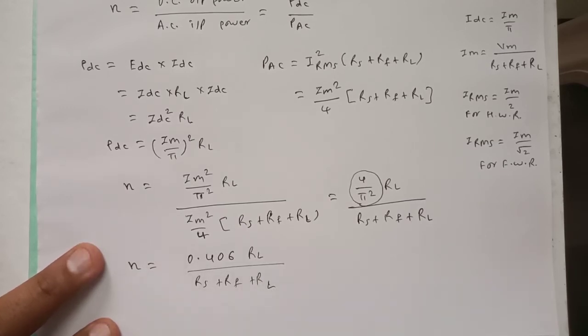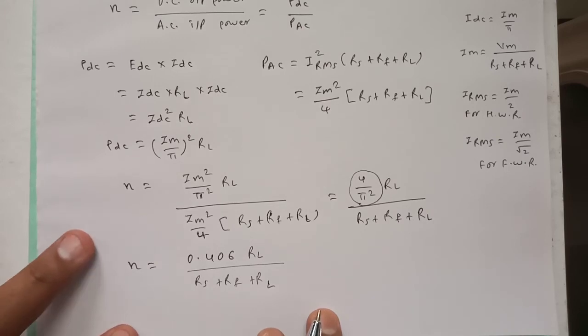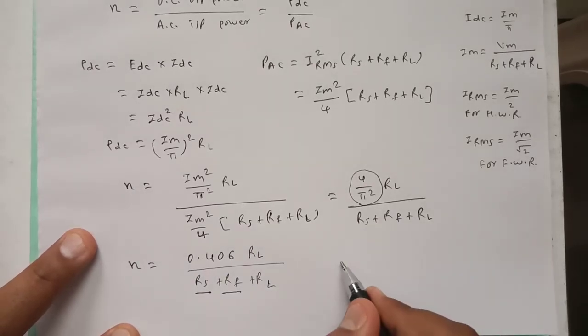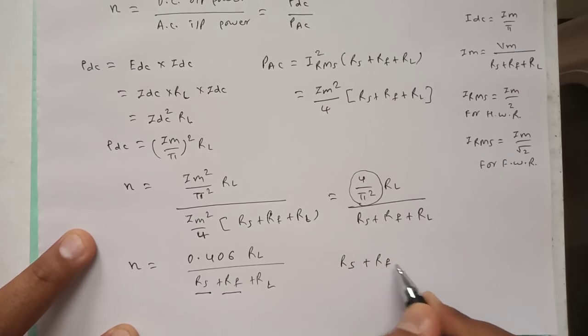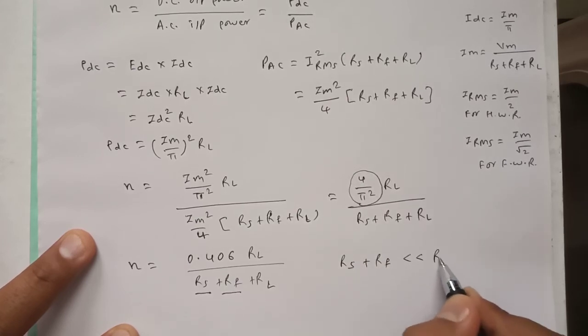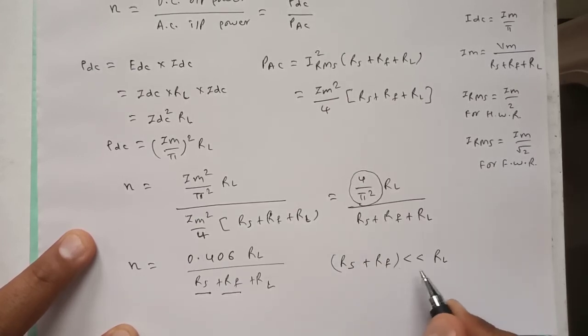Right? In the last lecture also we discussed that the value of Rs, which is the secondary resistance, and the value of Rf, which is the diode forward resistance, are both very small. So Rs plus Rf is very small compared to the value of the resistance RL.